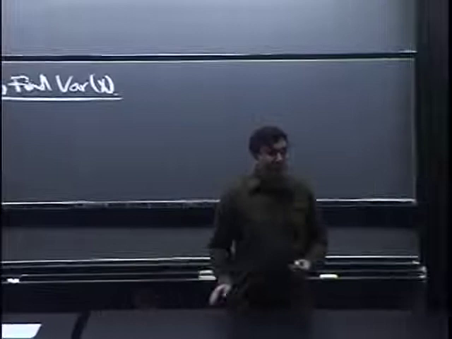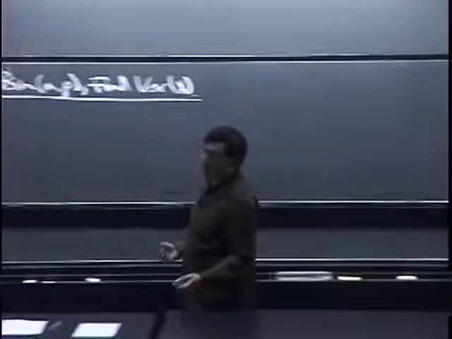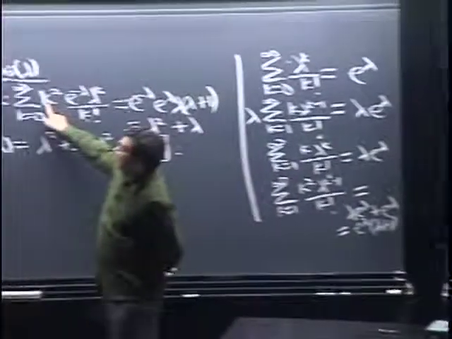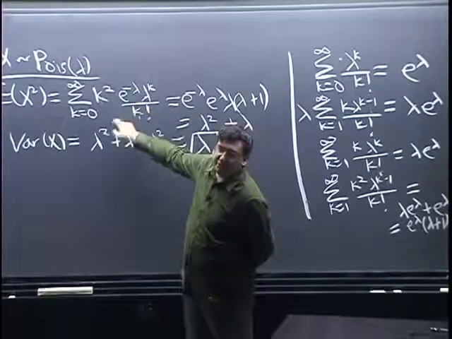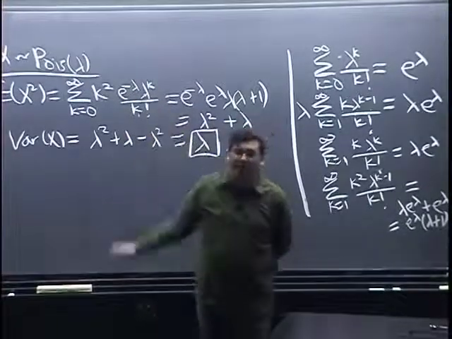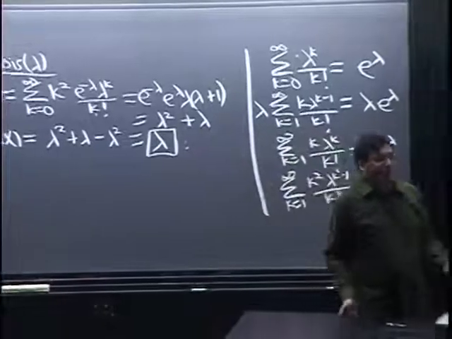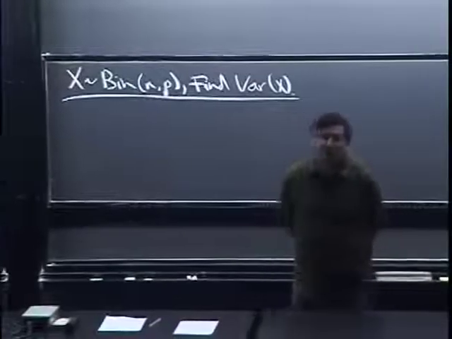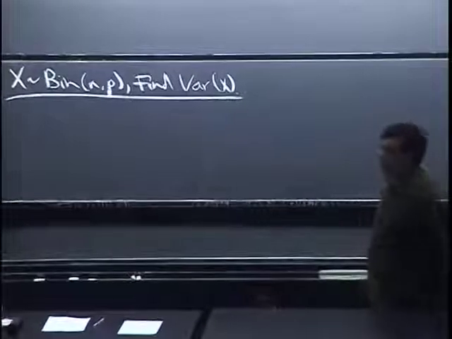The most direct, obvious way would be to use LOTUS to get E of X squared, which would mean writing down something like this, except instead of the Poisson PMF, you'd have to write n choose k, p to the k, the binomial PMF. Then you'd have to do that sum. You can do it, but that's pretty tedious, and you have to do a lot of algebra. So that's the way I don't want to do it.